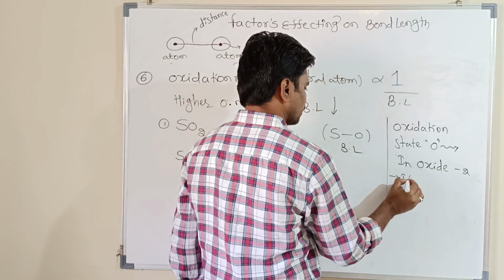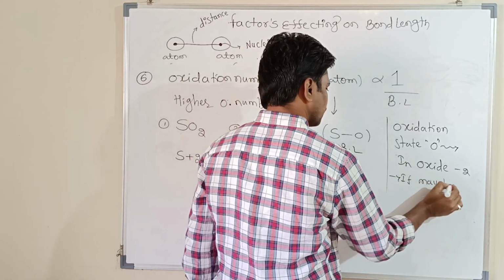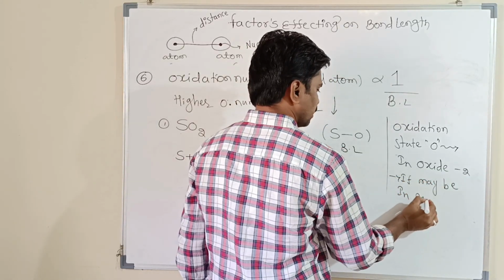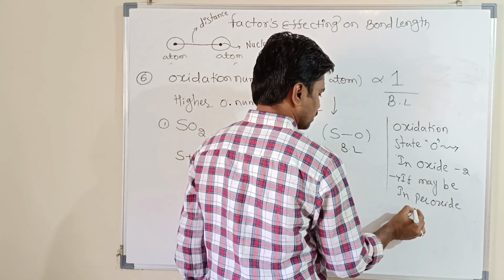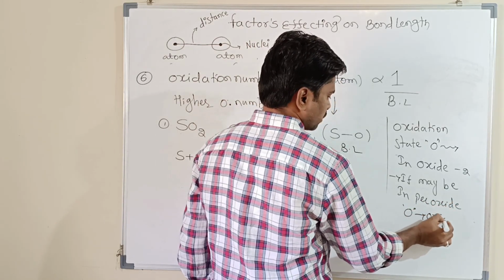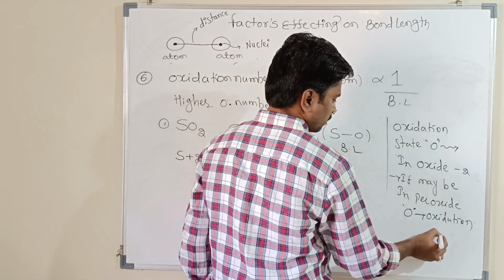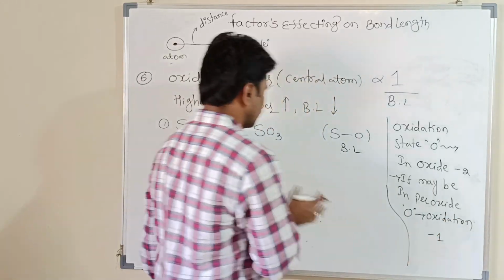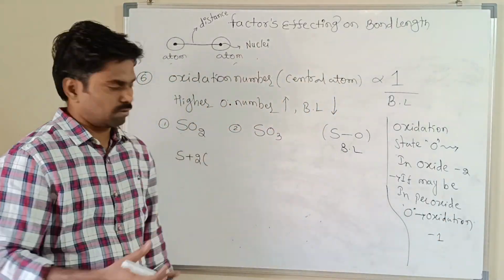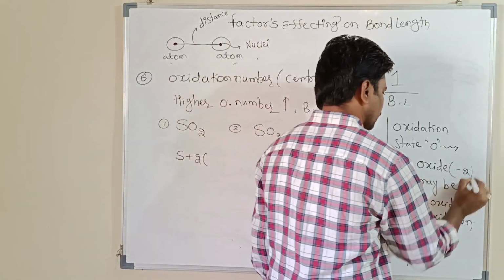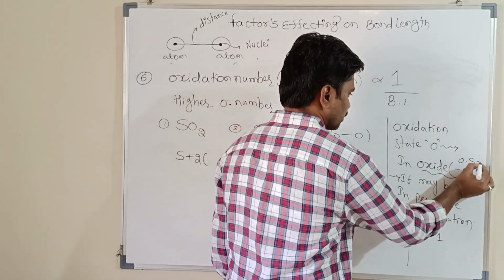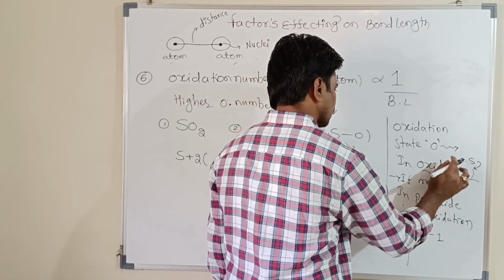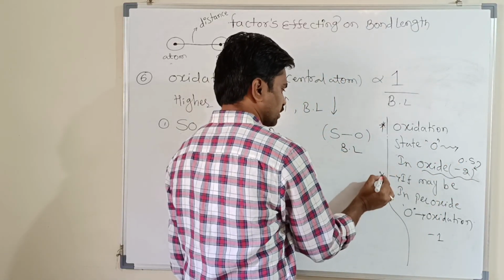If it is in peroxide, the oxidation number is -1. But here we have sulfur dioxide and sulfur trioxide, so oxide is there, and we have to take -2. In oxide, the oxidation state is -2, you have to mention. Understood? So keep these 2 points in mind.